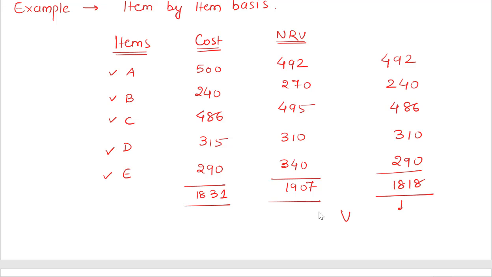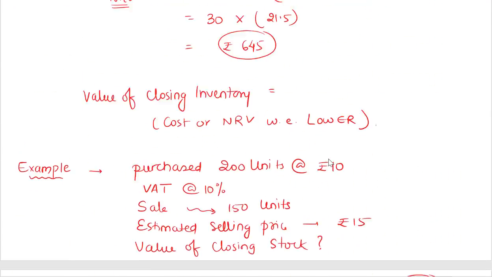So we can say that this is the value of inventory on item by item basis. Understood? I believe it is pretty clear. I believe it is clear till over here.